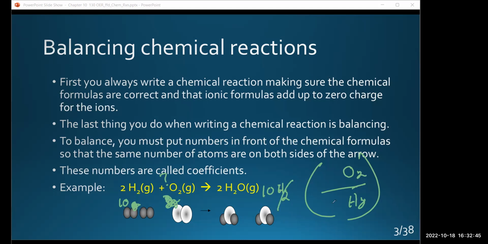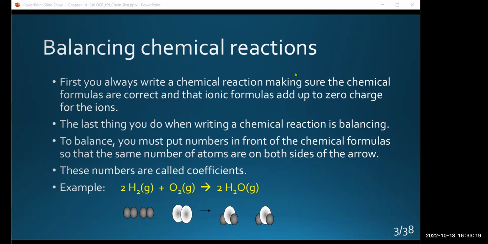Because when I multiply this out, I want my hydrogens to cancel. Then from the balanced chemical equation, I stick in the coefficients, which is 2 hydrogens and 1 oxygen. So if I start off with 10 hydrogen molecules, I would need 5 molecules of O2. So that's how we're using these coefficients to help us get from point A to point B.